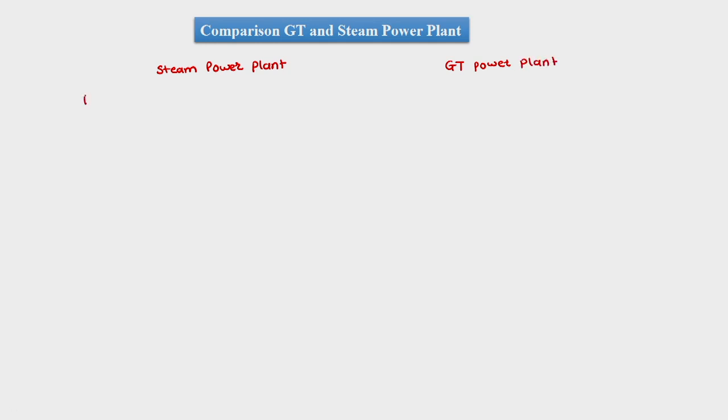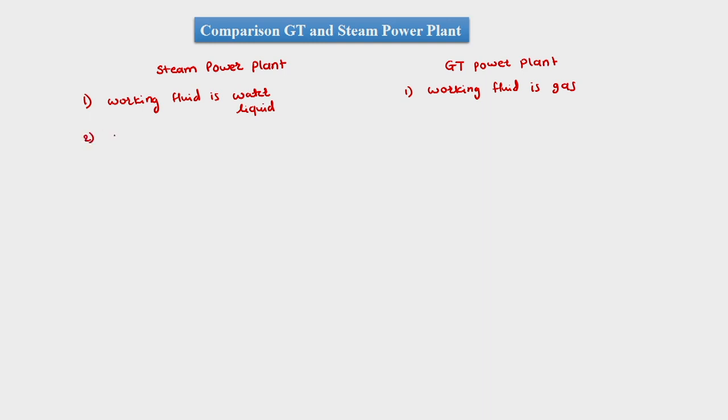So the first difference is the working fluid. Here the working fluid is water, or in other cases refrigerants. Here the working fluid is gas.